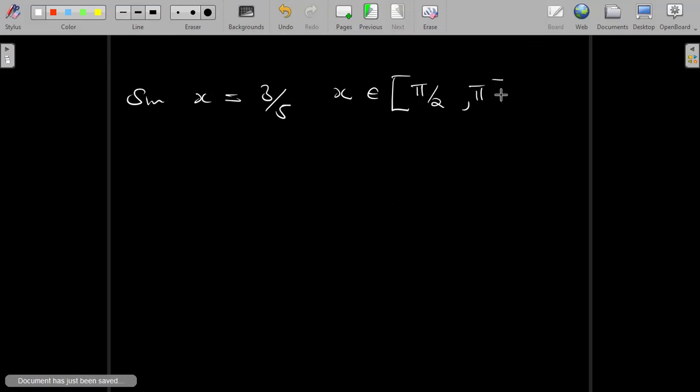So we're being given a range, we're being guided that it's between pi over 2, which is 90 degrees, and pi, which is 180 degrees. So in short, x is between 90 degrees and 180 degrees. So that's where x lies.